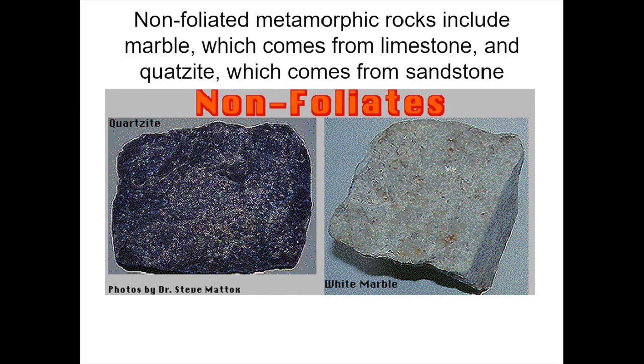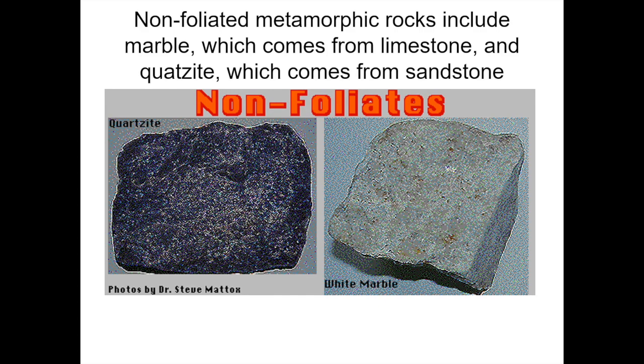Second type of metamorphic rock, the non-foliated. Those do not have any banding in them or anything like that. Again, famous metamorphic rock would be marble. Marble actually comes from limestone. Limestone was then exposed to that intense heat and pressure, changes its chemical composition and physical structure, and forms into marble.